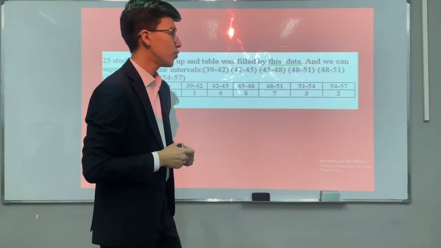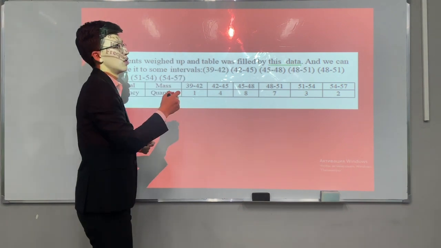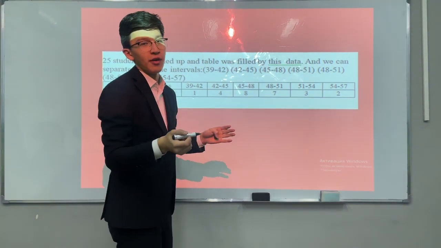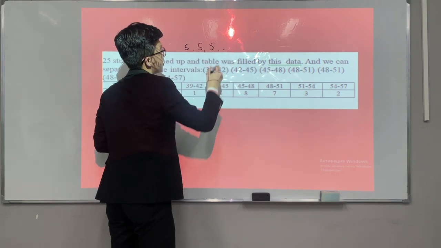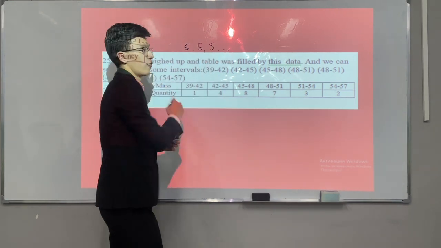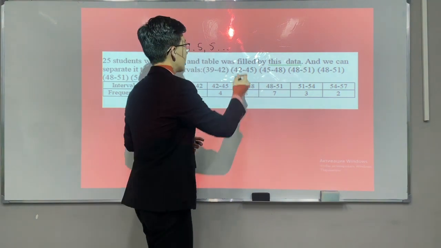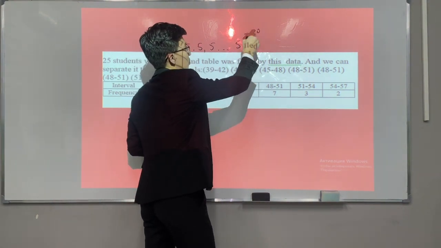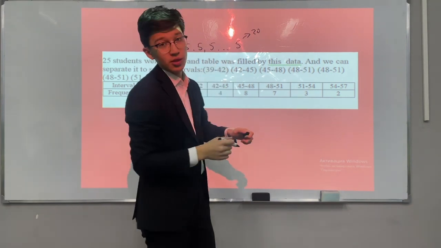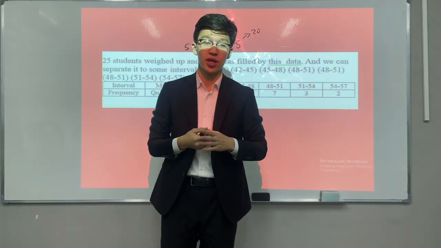For example, if you have 5 repeated 20 times, like 5, 5, 5, and so on, the frequency of 5 will be 20.